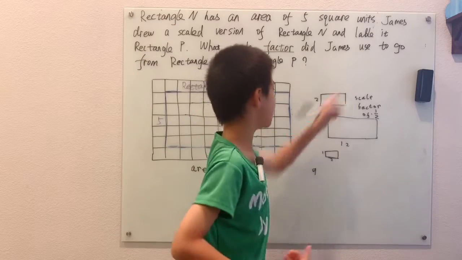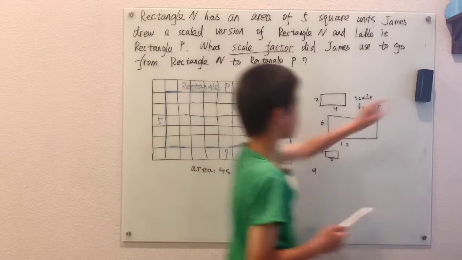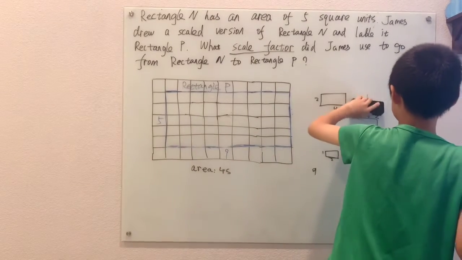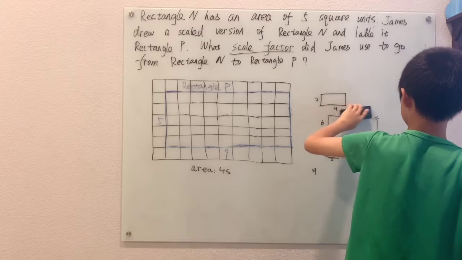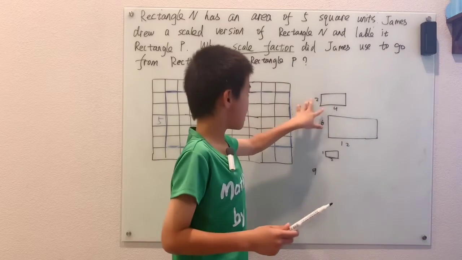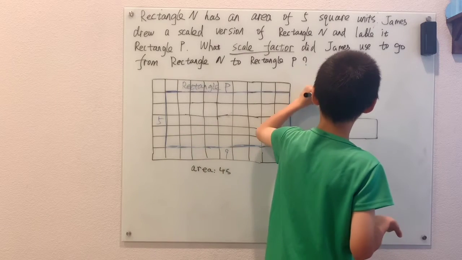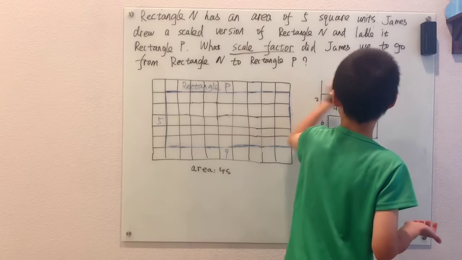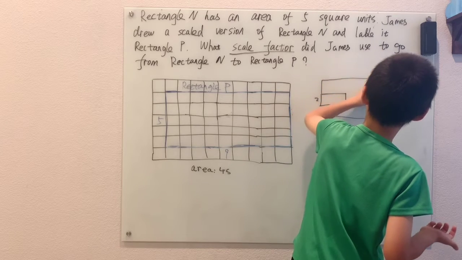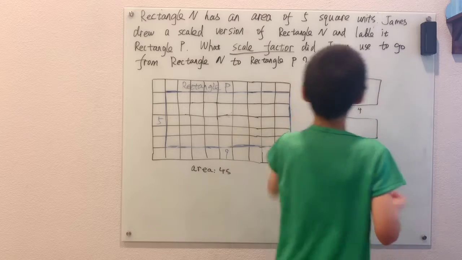Let's say I use the same 2 by 4 rectangle as before, and we scale up by a factor of 2. Well, then I get a 4 by 8 rectangle.